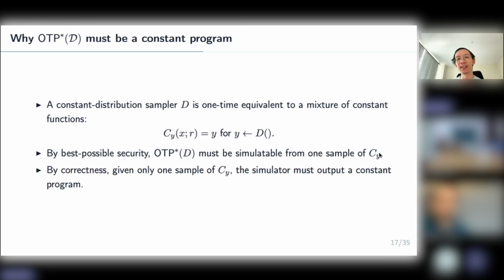But if you think of it, this is kind of ridiculous, because if you only have one sample of C sub y, then what can you do with it? This is just a constant program, right? So by correctness of the simulation, you must also output a constant program. So putting everything together, we conclude that OTP star of D must also be a constant program.